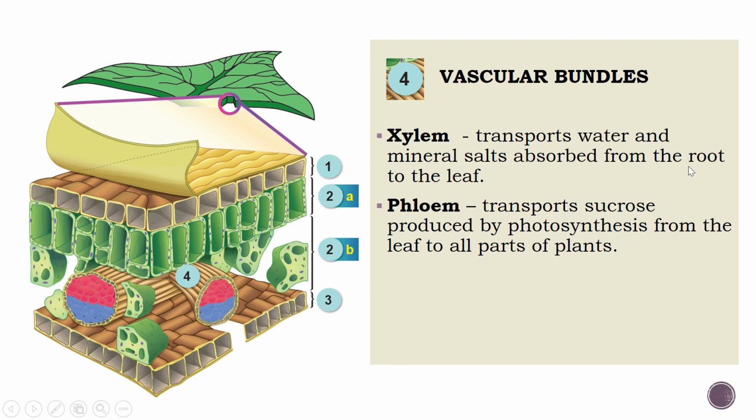And don't forget to mention also the direction dari bawah ke atas. So water is obtained from the root. Root is the one absorbing it with the mineral salts. So from the root to the leaf. Tetapi for phloem, the direction is opposite, which is from the leaf to all parts of the plant. And what is it transporting? Sucrose. Ataupun you say organic substances yang terhasil daripada photosynthesis.